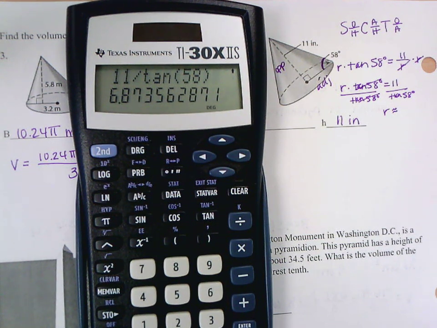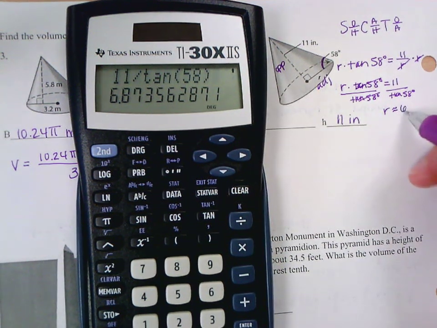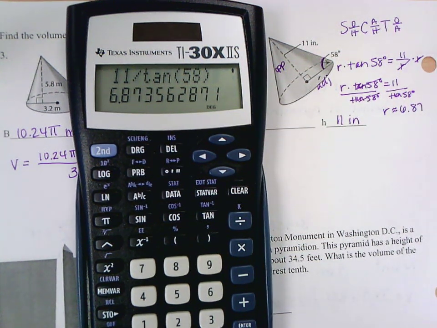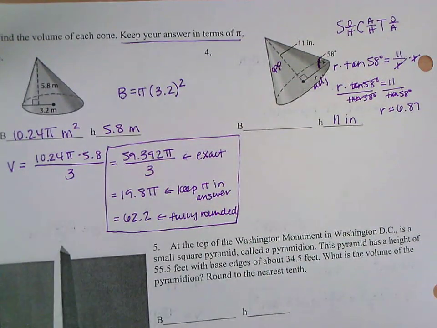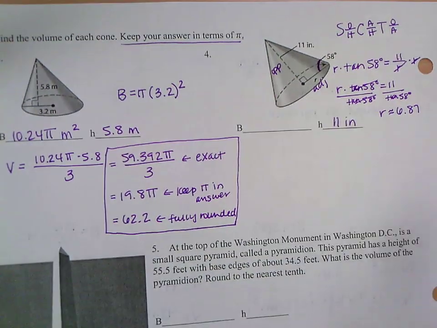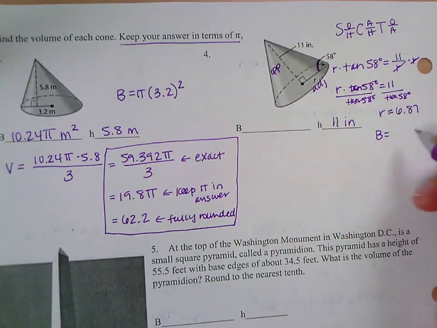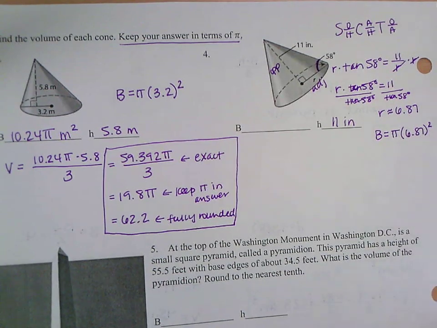here, I would round it to at least 2 decimal places because so early in the problem you're having to round, so I would do even 2 or 3. So I'm going to keep this right now as 6.87. Final rounded answers, you can round to 1 decimal place, that's fine. So then the area of my base would be pi times 6.87 squared.